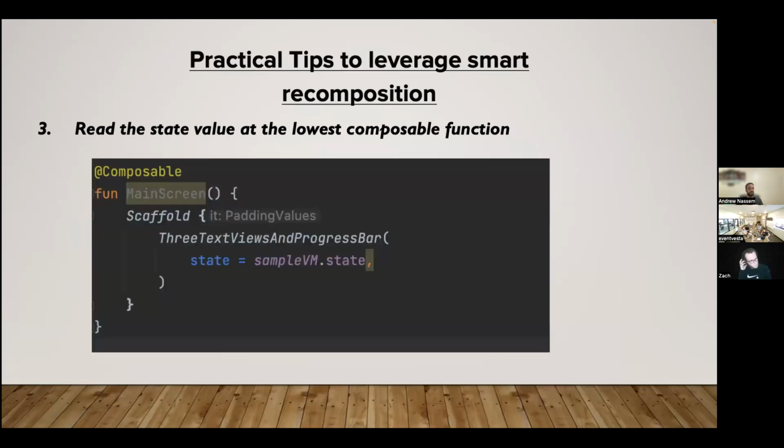Instead of defining the state above the function, it's better to keep it at the same level where you really need to use it. Because if we do that at an upper level and it changes, it's going to recompose everything, because compose will understand that everything relies on this value.